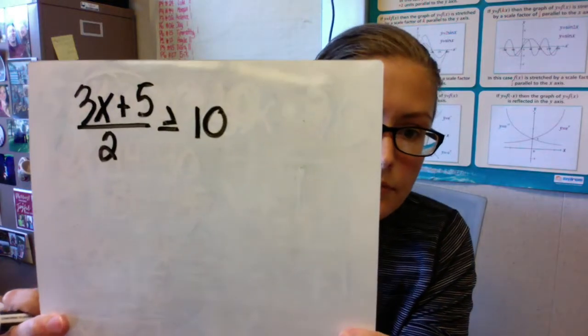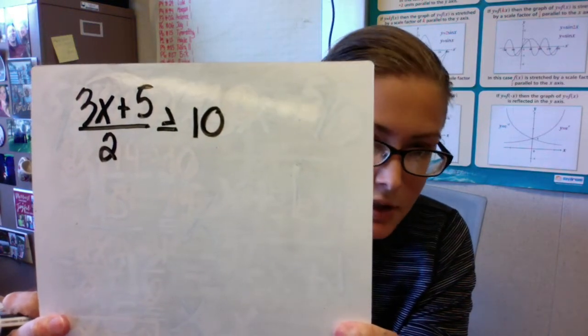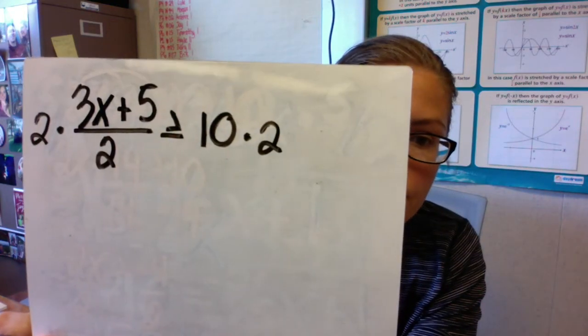Okay, the second one, we have solve the quantity of 3x plus 5 divided by 2 is greater than or equal to 10. We're going to start by multiplying both sides by 2. That gives us 3x plus 5 is greater than or equal to 20.